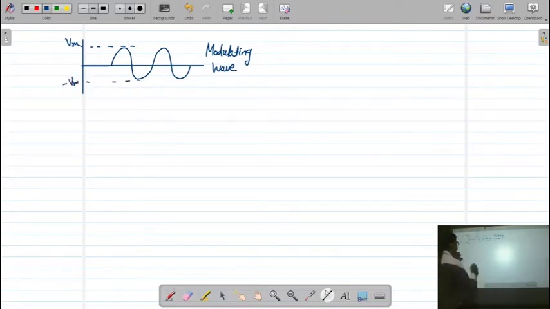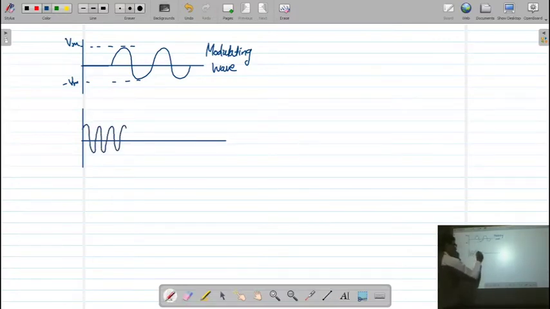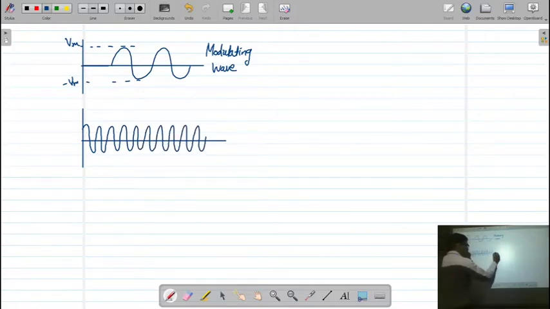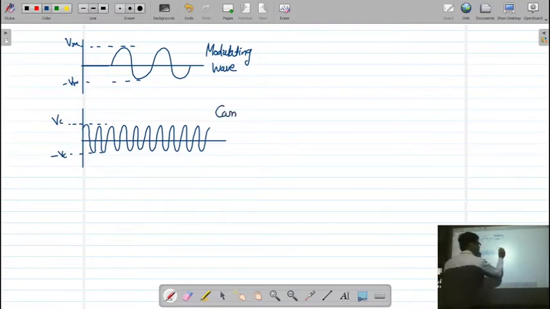Then another signal which we require is a carrier wave, and its maximum amplitude is Vc, here also minus Vc. This is my carrier wave.